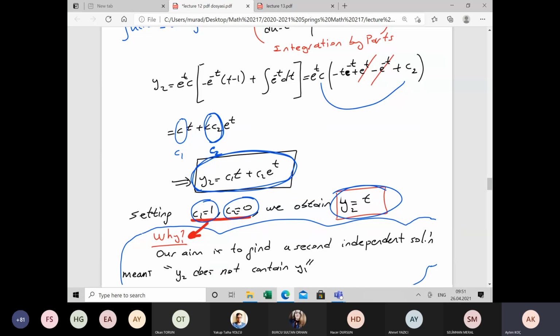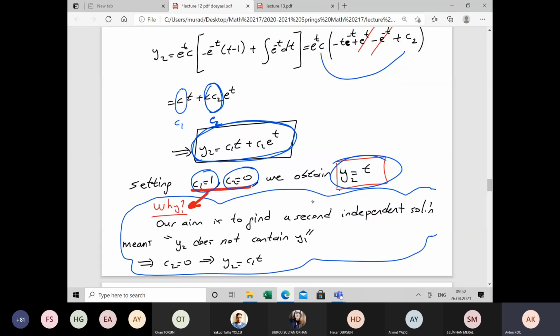What is the reason to get y sub 2? Because our aim is the second independent solution. y sub 2 should not contain y sub 1, because y sub 1 is e to the t. We can ignore this part, because for the general solution, y sub 1 and y sub 2 are fundamental, and it is enough to take this one.